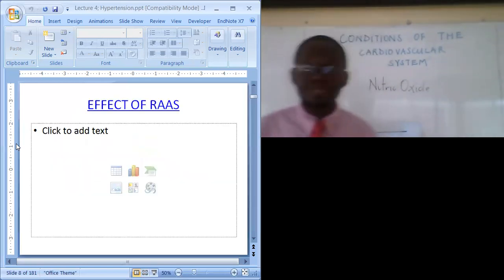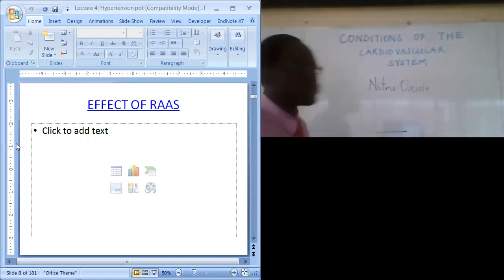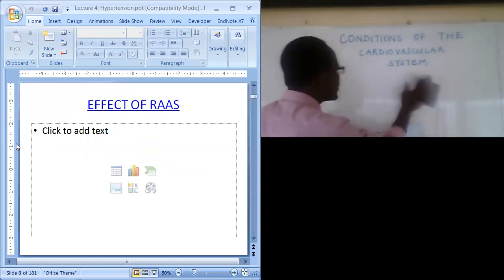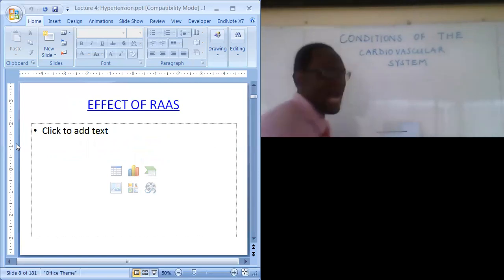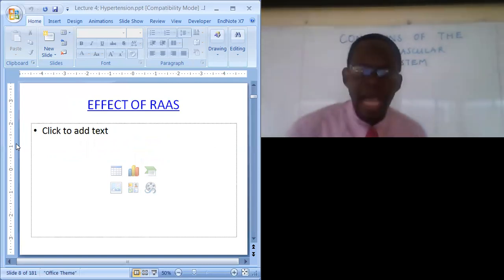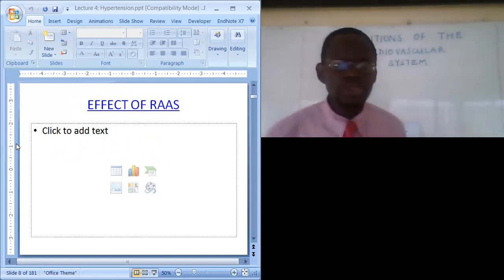Now, let's briefly talk about the effect of the renin angiotensin aldosterone system. I'm going to request you to read about it further, please.